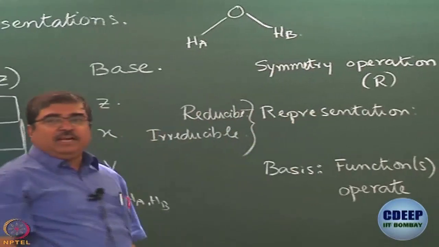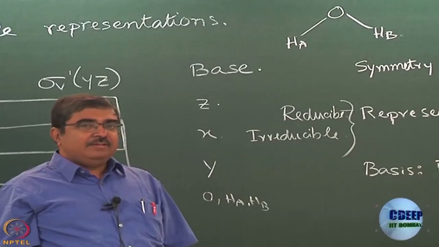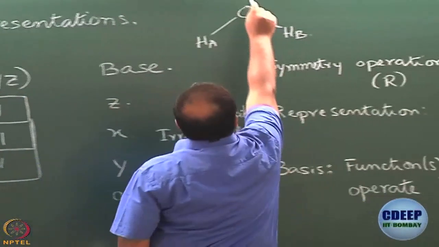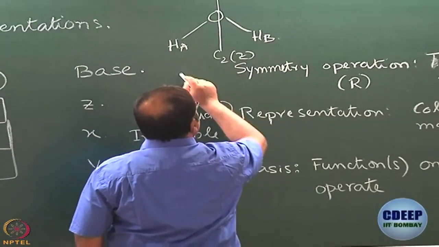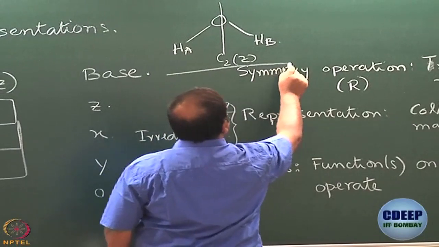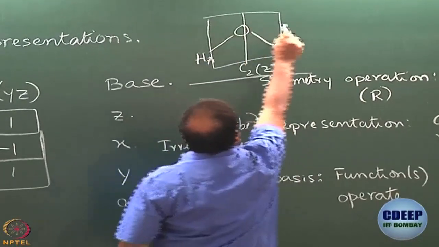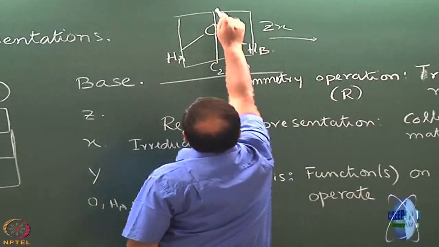I have labeled the 2 hydrogen atoms A and B. I am calling them HA and HB, and just to remind us, this one is C2 which is aligned with the z axis. This is the molecular plane zx, which means x axis is along this direction.